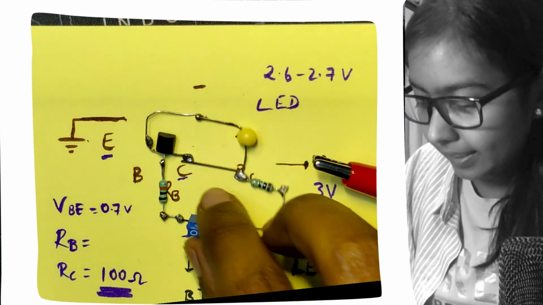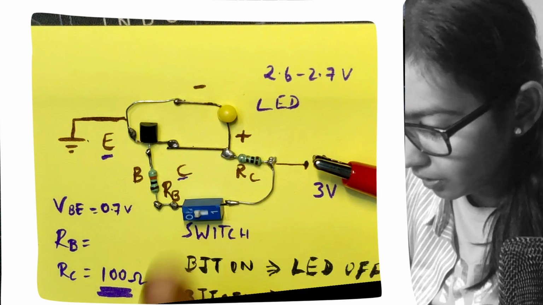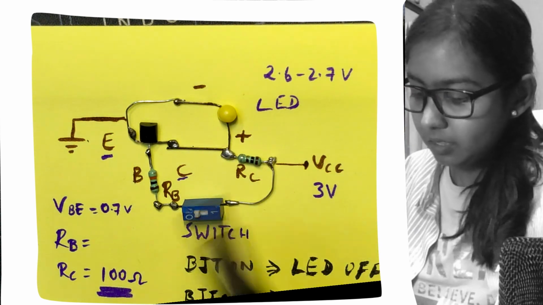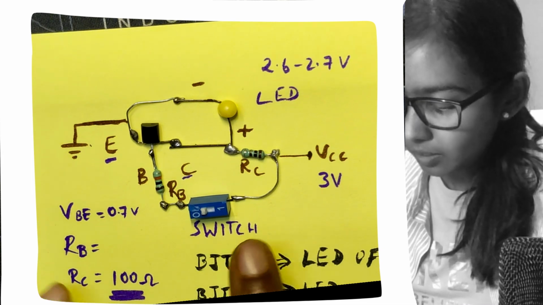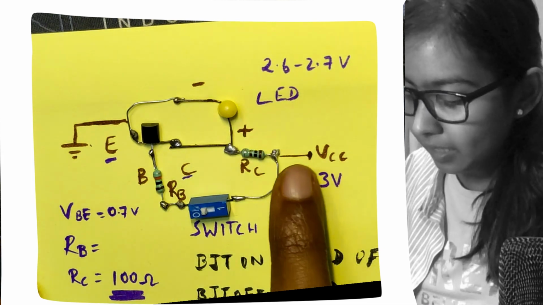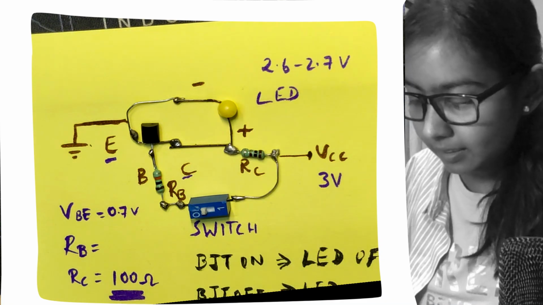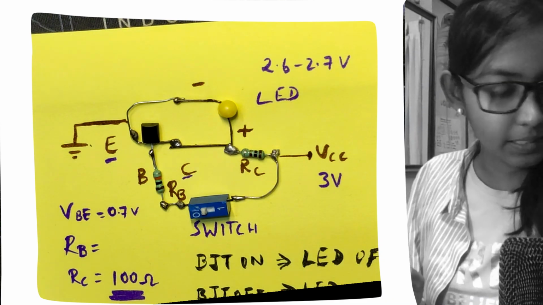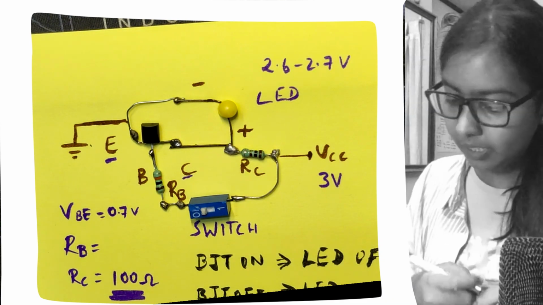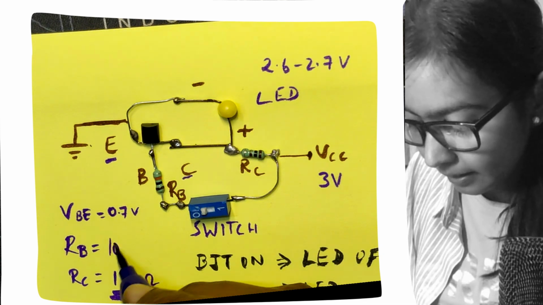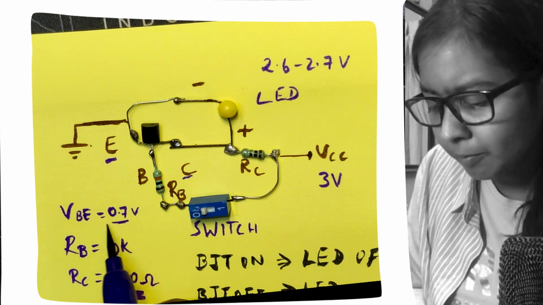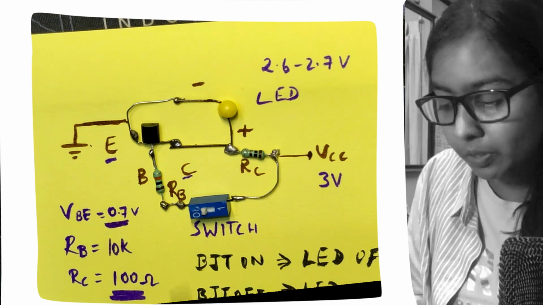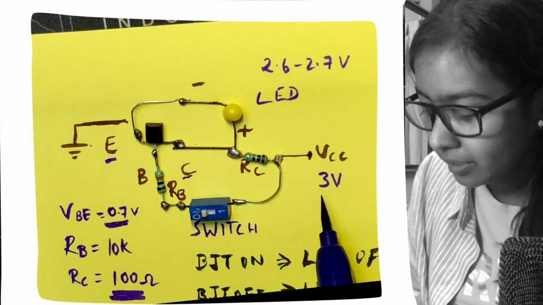Okay, everything looks fine. So again, you have a BJT, LED, resistor, and these resistors. I did not mention the RB value. RB is 10K because our base-emitter drop is only 0.7 volt and the voltage I am giving is 3 volts.